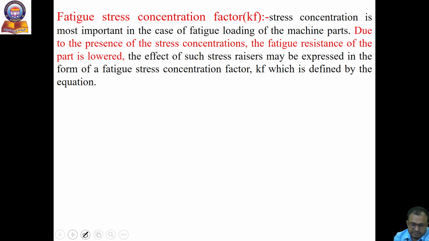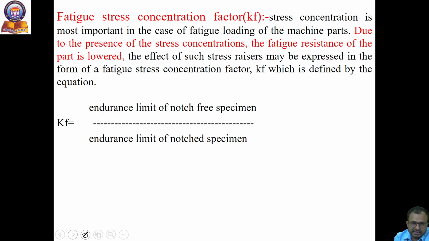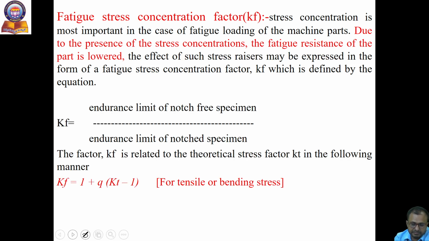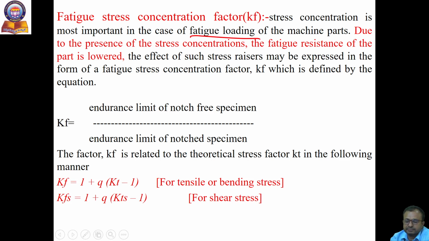The other way, as per my notebook, I am defining the same definition: fatigue stress concentration is important in the case of fatigue loading of machine parts. Due to the presence of stress concentration, the fatigue resistance of the part is lowered. So the formula is the same, notch-free specimen to the notched specimen.